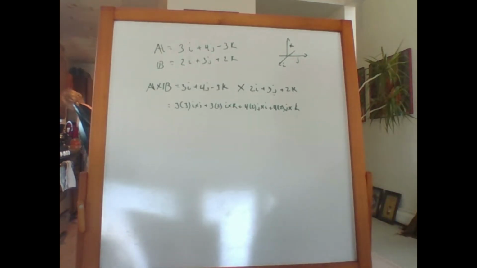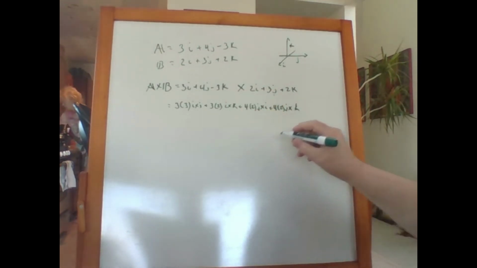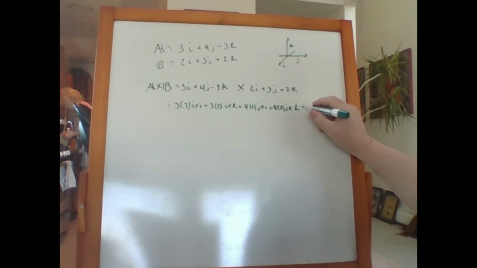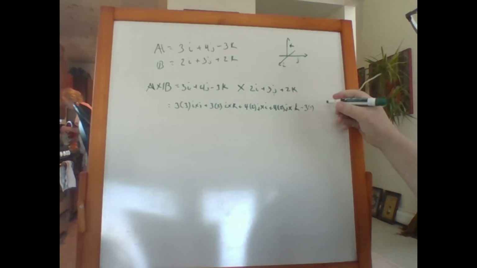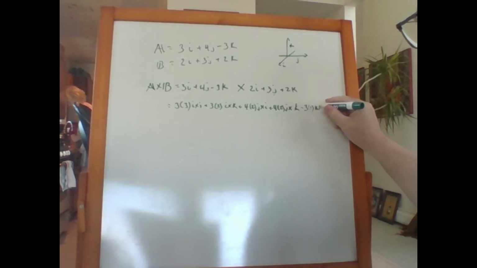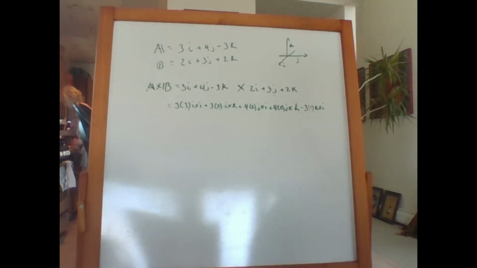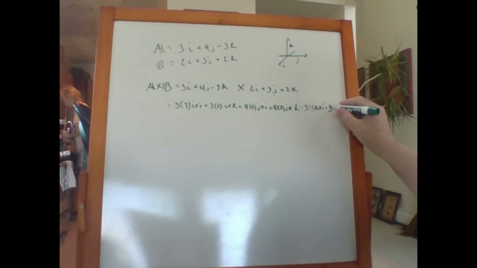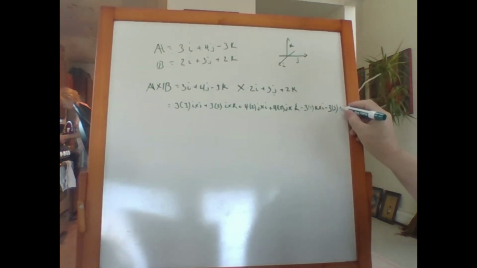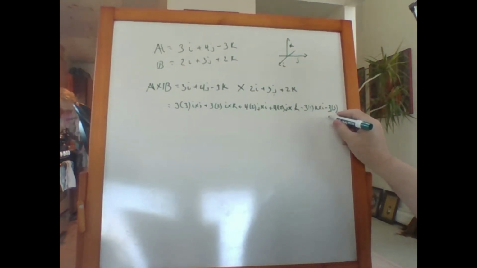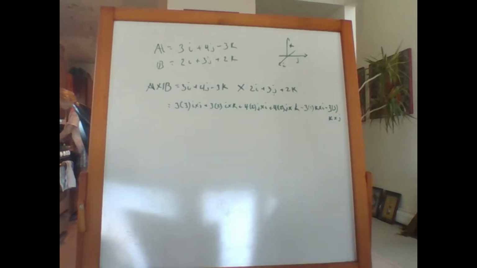And we're not done yet. We've got our last component. We have minus 3 times 2 k cross i, and the last one is minus 3 times 3 k cross j.